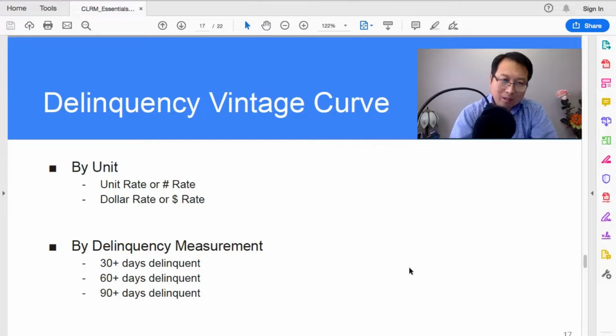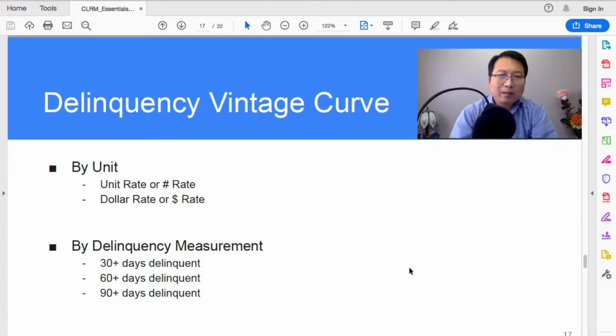Also, you can use the balance to calculate the dollar ratio, which means you use the balance associated with 30 days plus delinquent, for example, divided by the total balance of the portfolio. So that's the dollar delinquency rate.